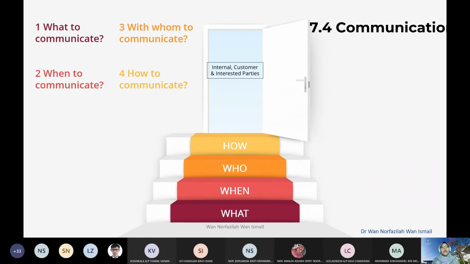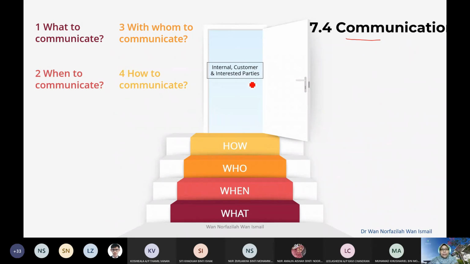Okay. So when talking about communication, okay, consider the internal, customer and interested parties. Internal means your team members in the workplace.